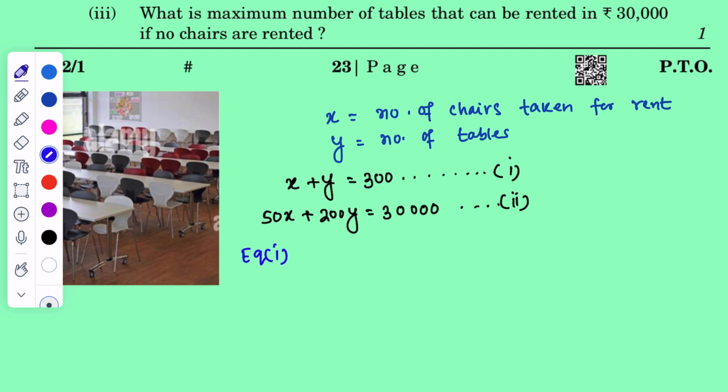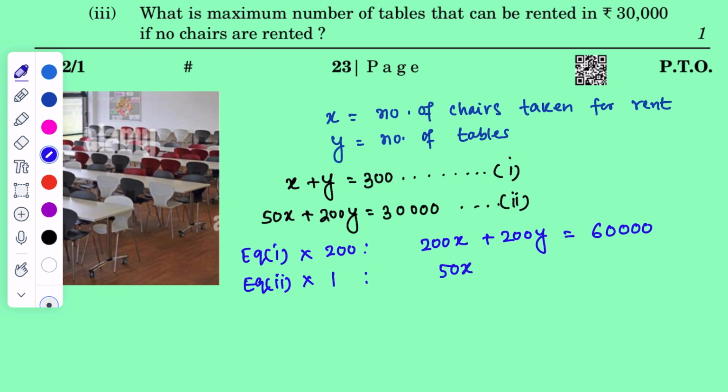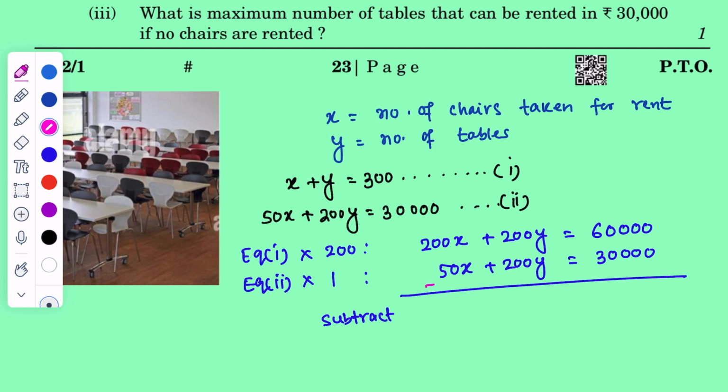Equation 1, you multiply with 200. Then we will get 200x plus 200y is equal to 60,000. Similarly, equation 2, you multiply by 1, then we will get 50x plus 200y is equal to 30,000. Now subtract.